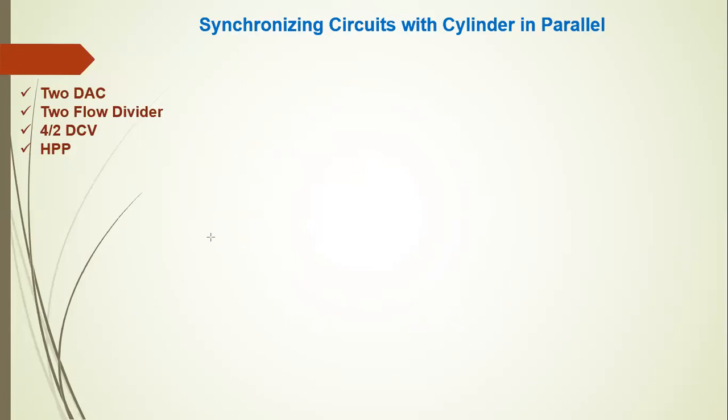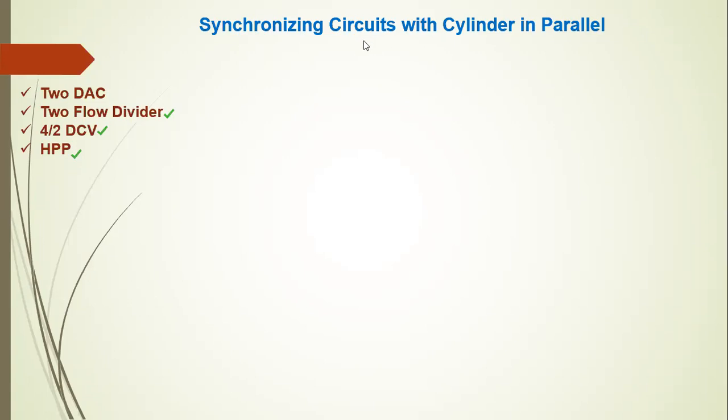For a synchronizing circuit with cylinders in parallel connection, how many components are required on the hydraulic side? One hydraulic power pack is required, one 4x2 direction control valve, and a flow divider for each cylinder.